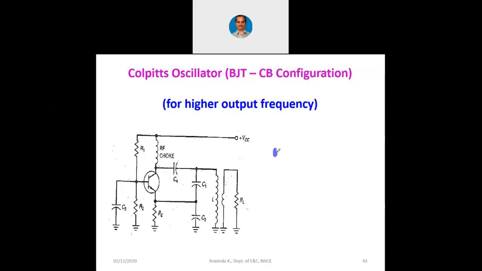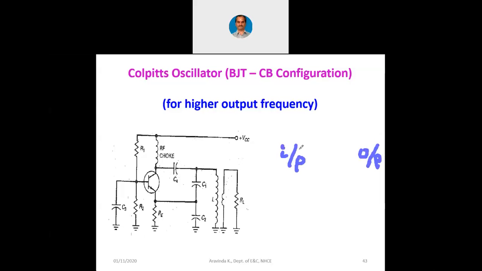So, let us say I have input here, then I have output here. I am just showing you the emitter and base, emitter and collector.